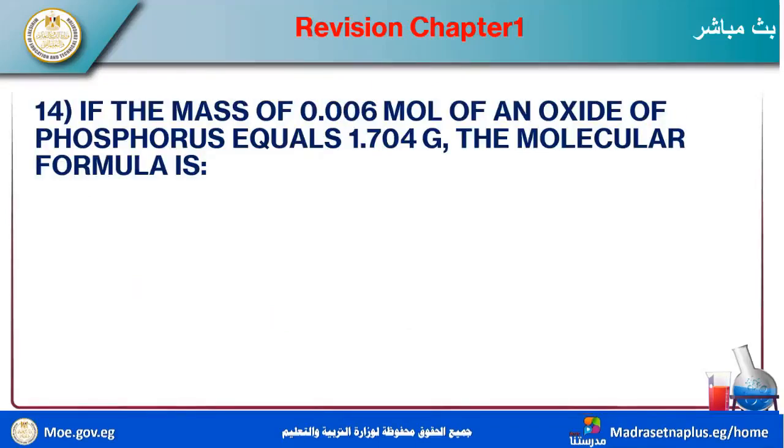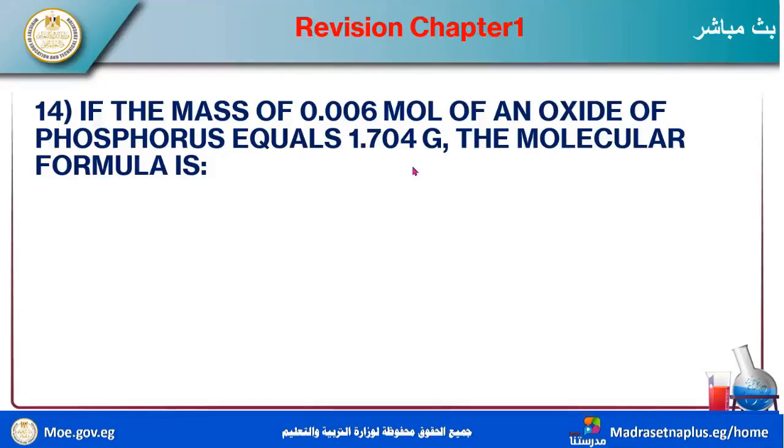If the mass of 0.006 moles of an oxide of phosphorus equals 1.704 grams, the molecular formula is what? The molar mass of phosphorus equals 31. Now 0.006 moles equals 1.704 grams.